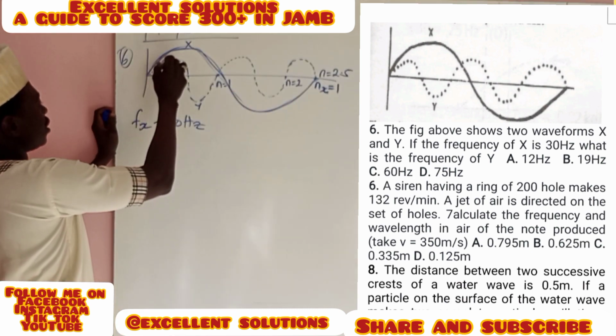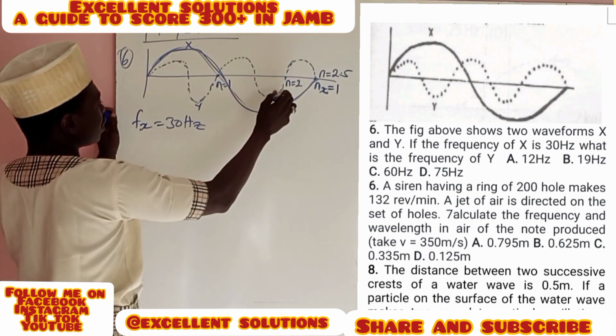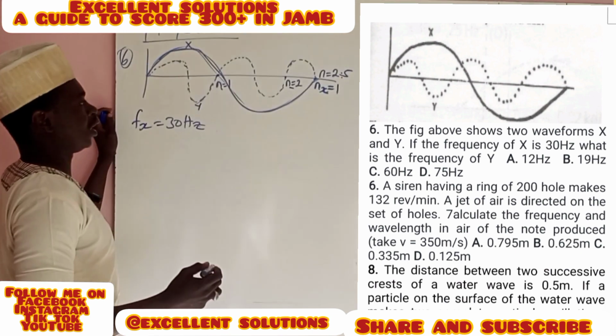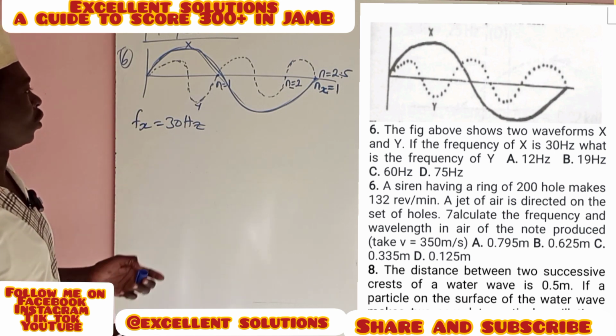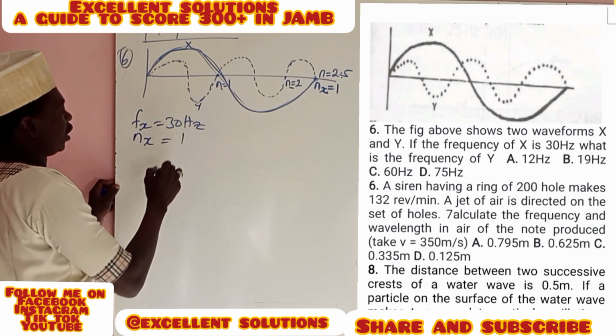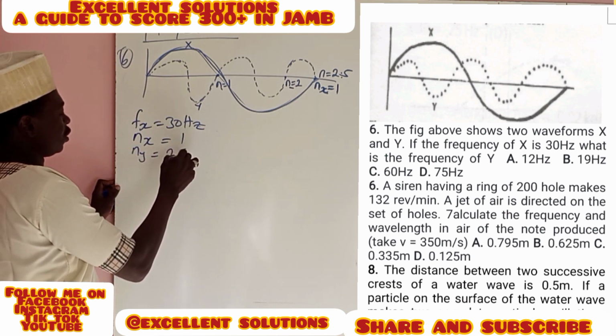For y, here it makes 1 revolution, here 2 revolutions, and here 2.5 revolutions. So the number of revolutions of x is 1 and of y is 2.5.